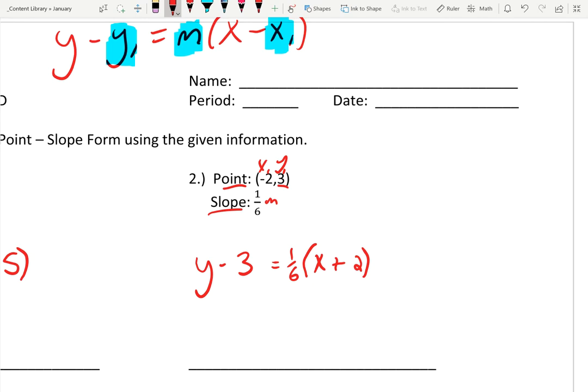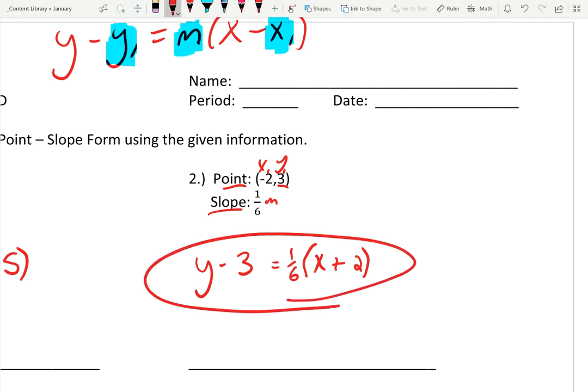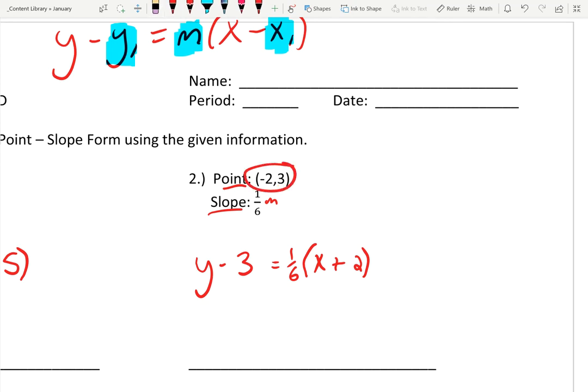And we talked about this a long time ago. We said the way it appears in the equation is opposite from the way it appears in the original point. Because in this equation, it looks like a negative 3. However, of course, in the point, it was a positive 3. And here it looks like a positive 2, but of course in the point, it was a negative 2, right? So remember the opposite effect here.